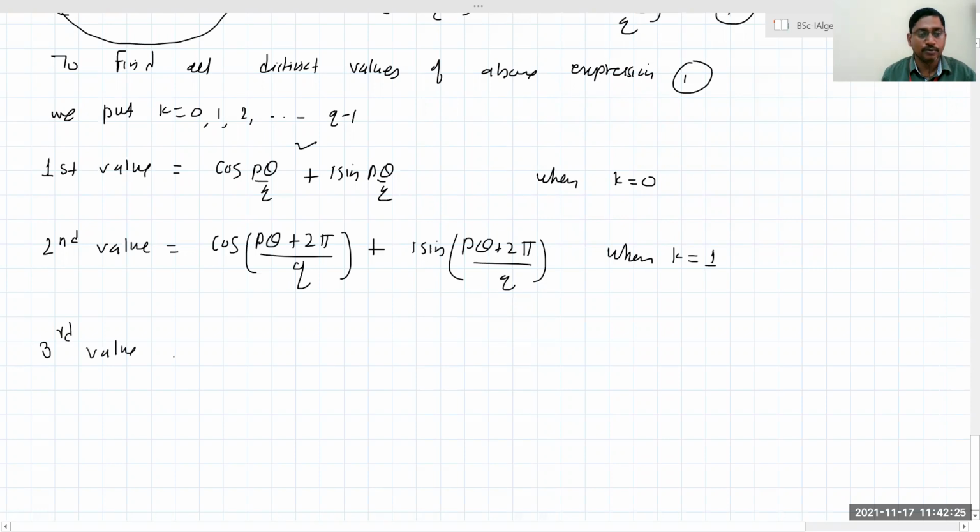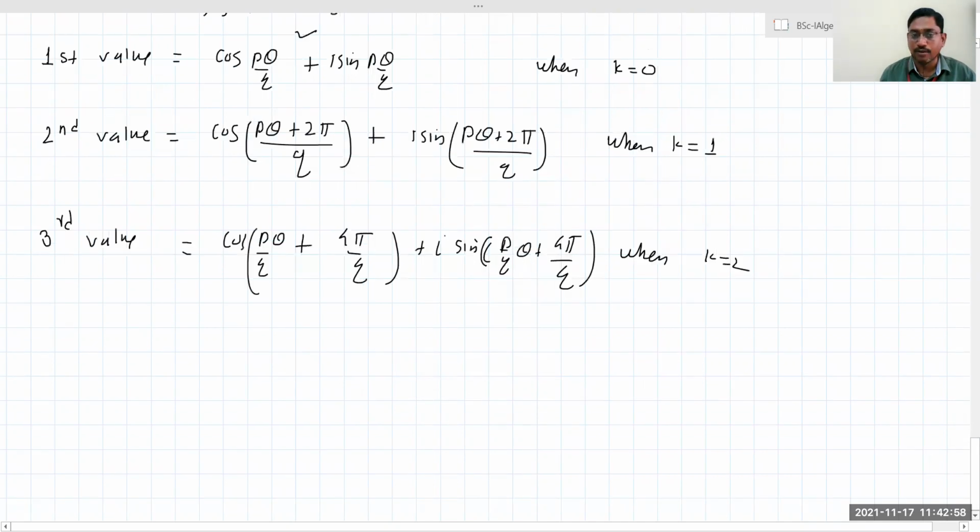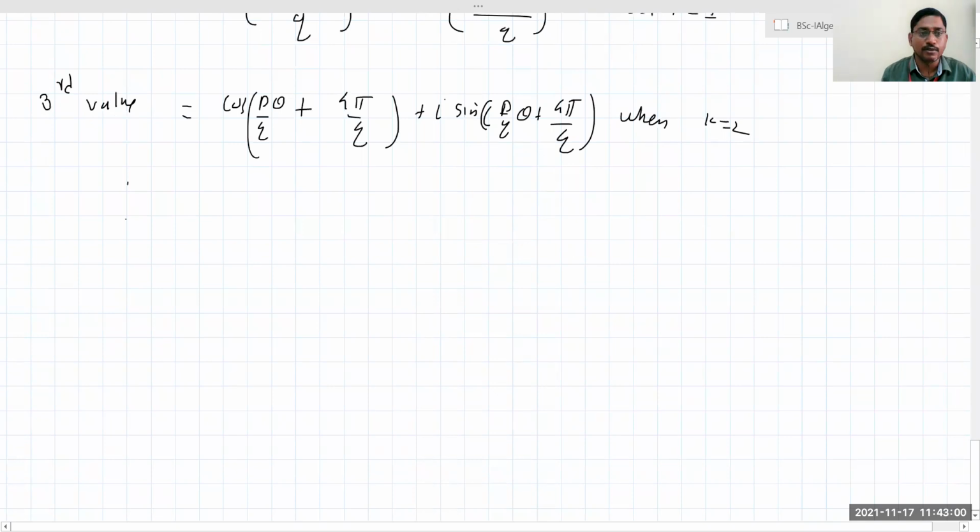Third value, when I put k equal to 2. I can separate this: p by q theta plus 4 pi by q, k is 2 taken there, separating the numerator terms, plus i sin of p upon q theta plus 2 into 2, 4 pi, and the denominator is q. So this is the third value, and we required a total of how many values?